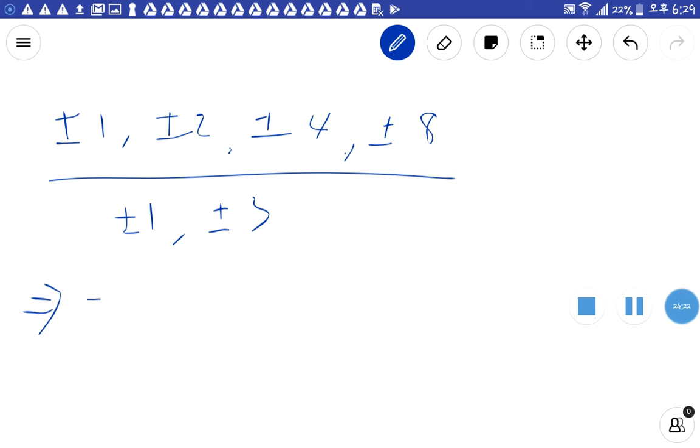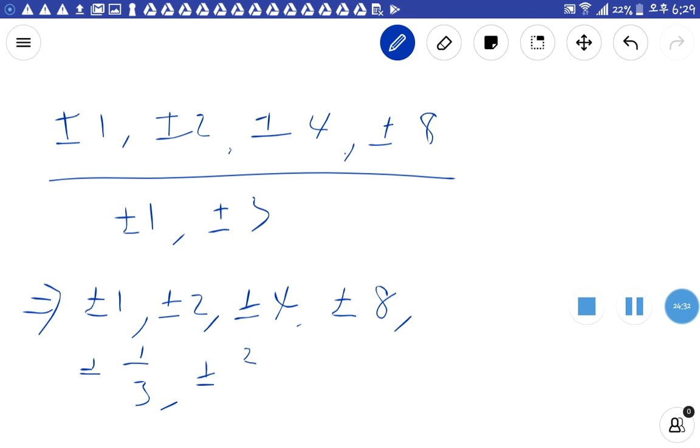So you got plus or negative 1, 2, 4, 8, plus or negative 1/3, plus or negative 2/3, plus or negative 4/3, plus or negative 8/3. And I told you that your answer is just 1.